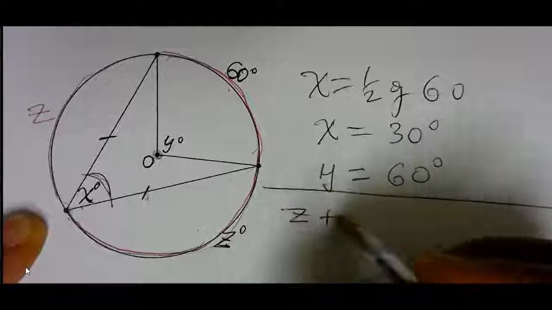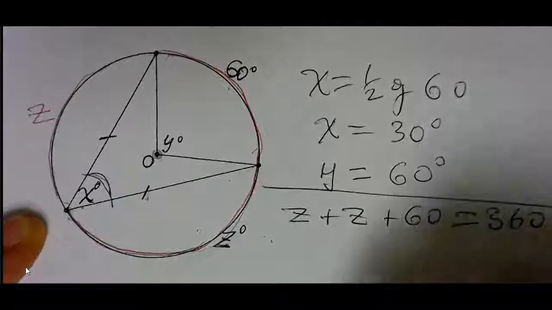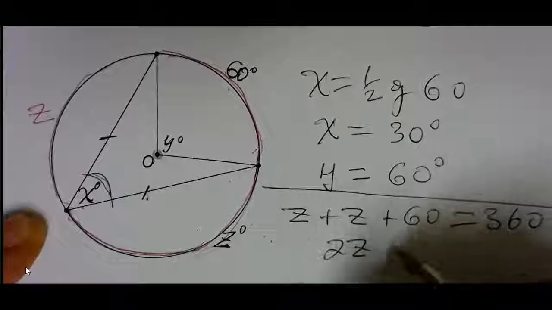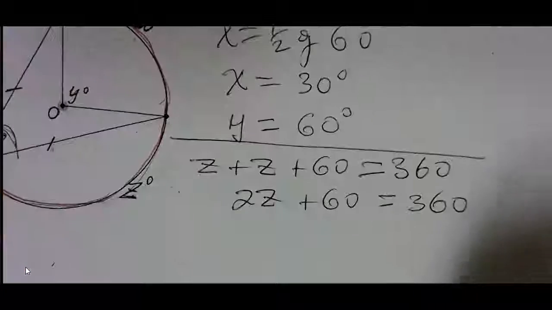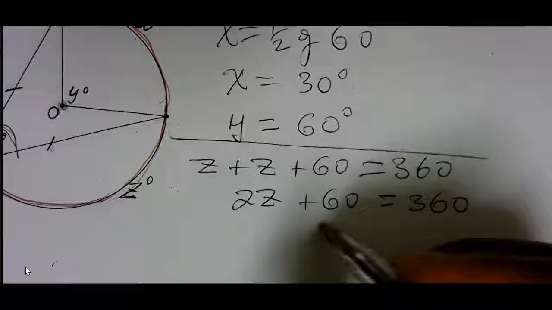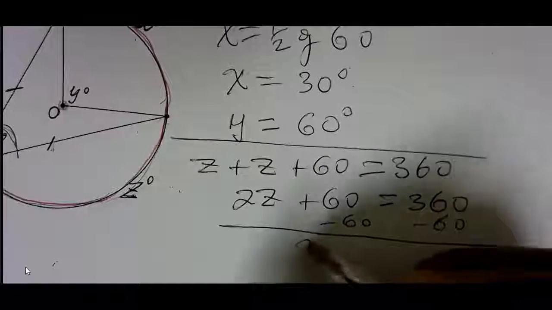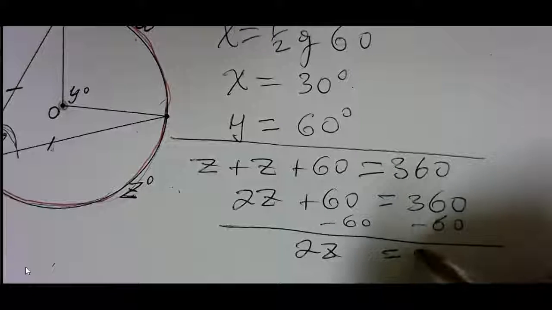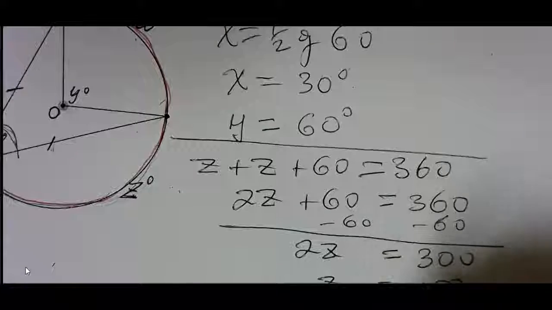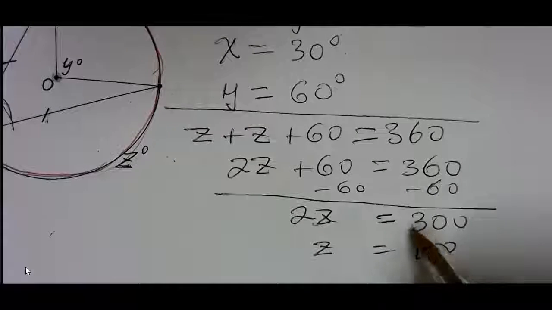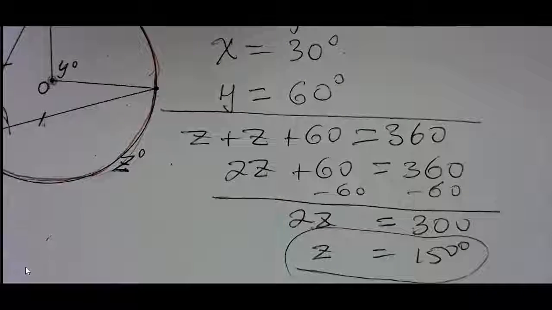So 2Z plus 60 equals 360. Subtract 60 from both sides, 2Z is equal to 300. So Z will be 150 if we divide both sides by 2. Z will be 150 degrees. Okay.